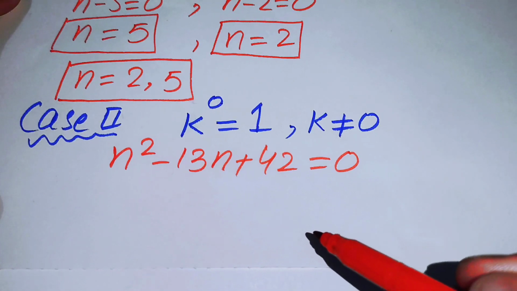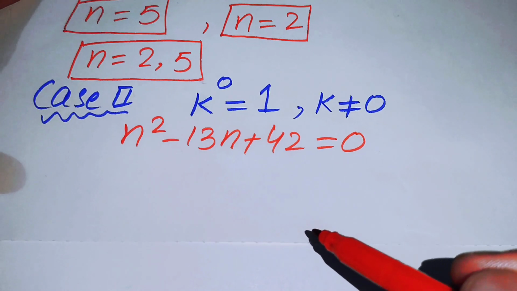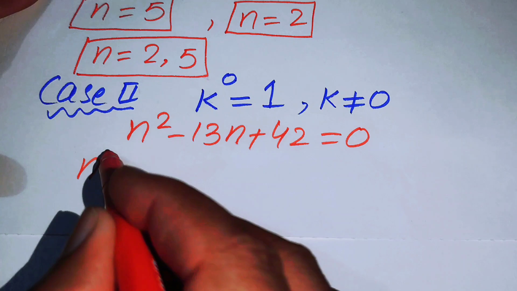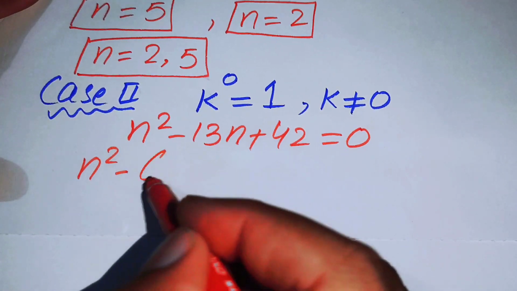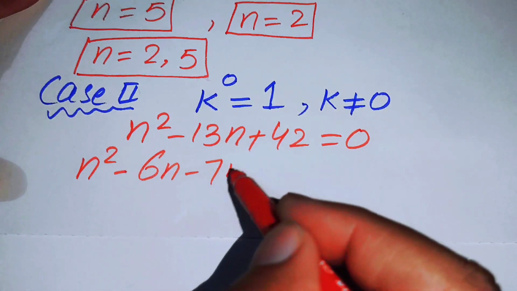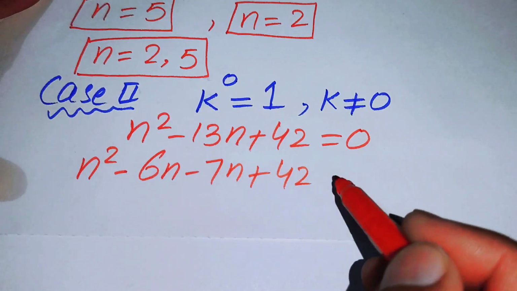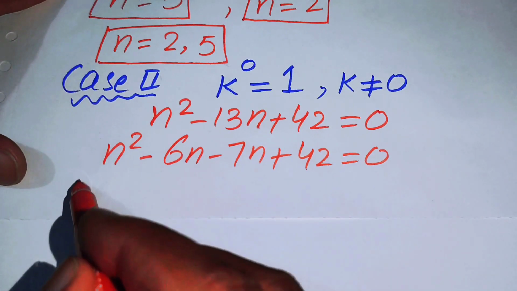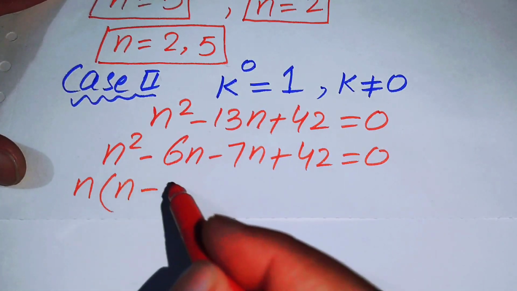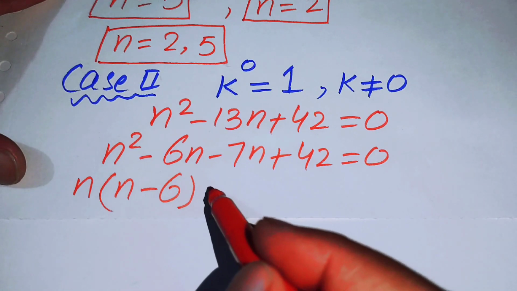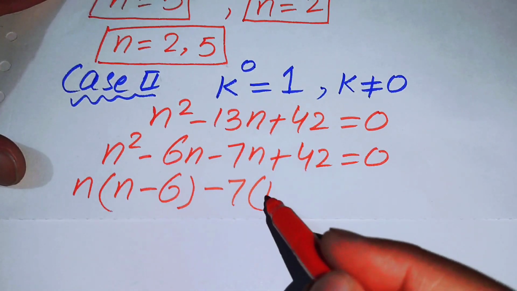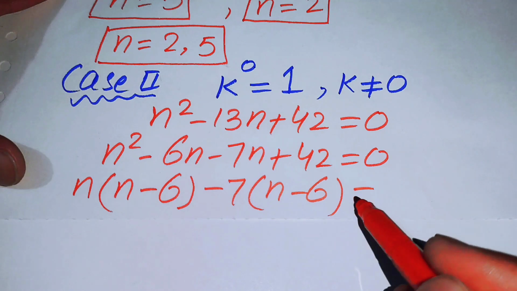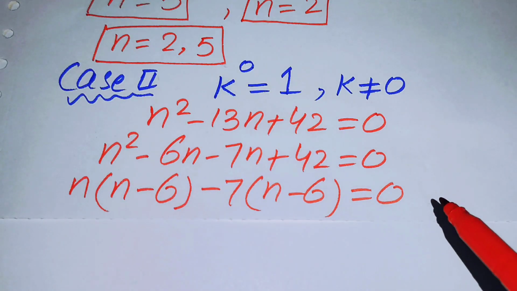Now we make the factors of this equation: n squared minus 6n minus 7n plus 42 is equal to 0. Now you can take common n and you will get n minus 6, and here you take common minus 7 and you will get n minus 6 is equal to 0.